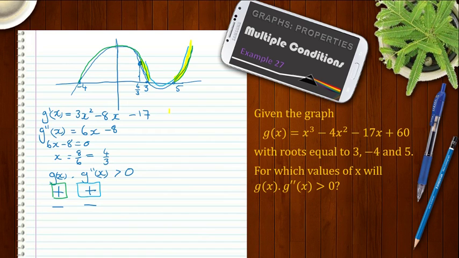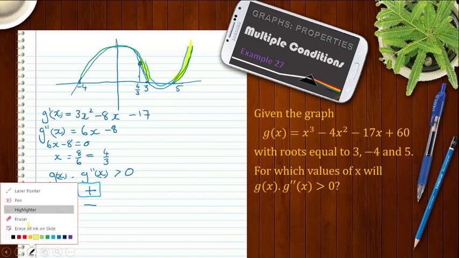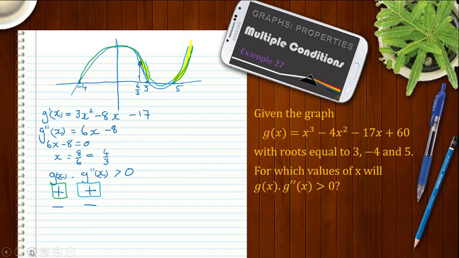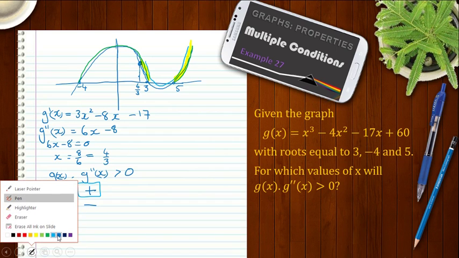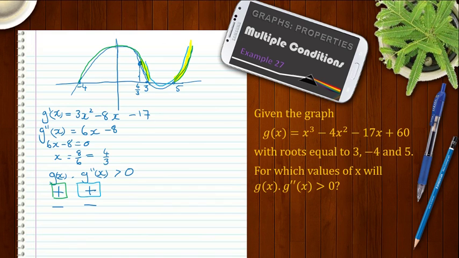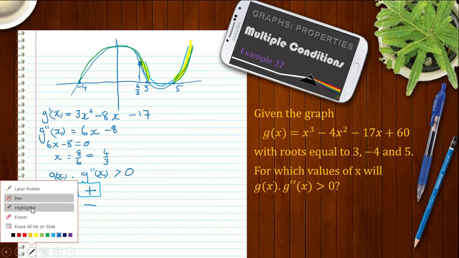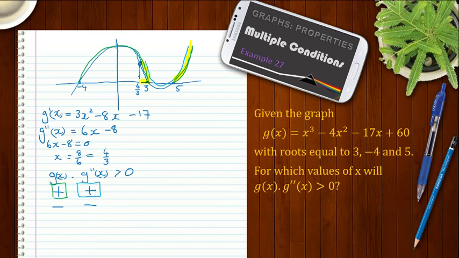So let's just go to the pen again and write this part down. From here to here, that's my x values. From 4/3 to 3 is where both are positive, and then from 5 onwards, also both positive.